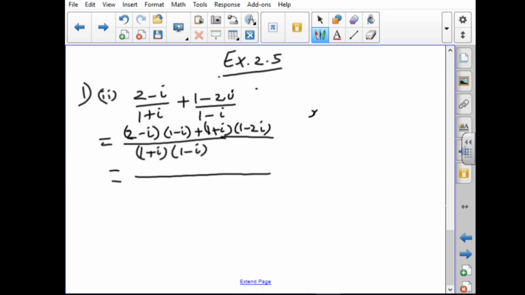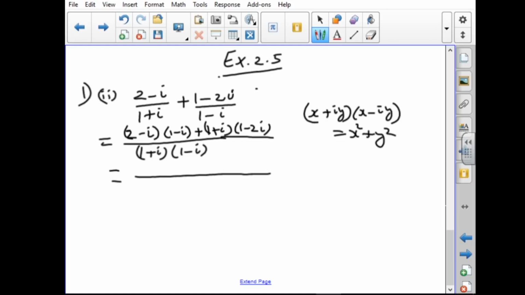We have seen already that (x plus iy) into (x minus iy) is equal to x square plus y square. So remember, always as a result, (a plus b) into (a minus b) is a square minus b square. Based on that we get this. Because i square is minus 1, we get x square plus y square. So remember all this as a result.